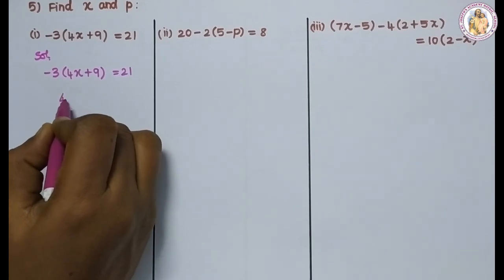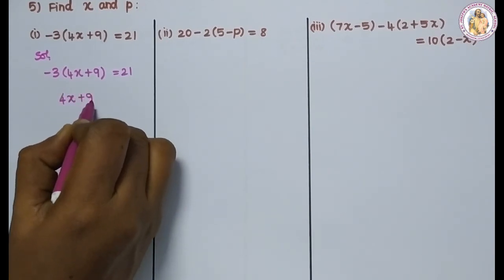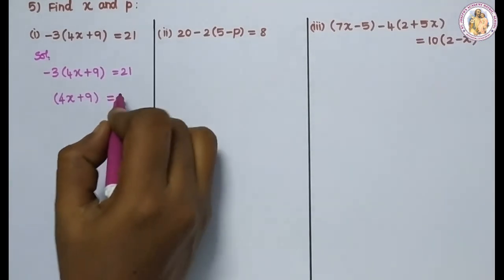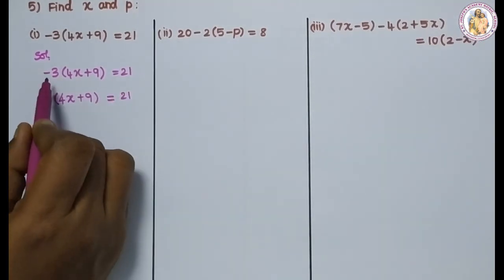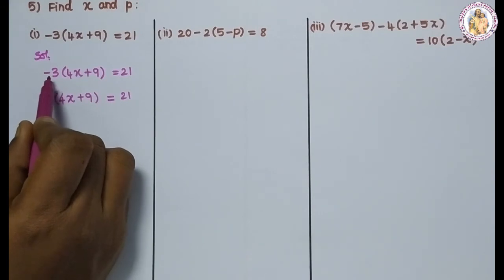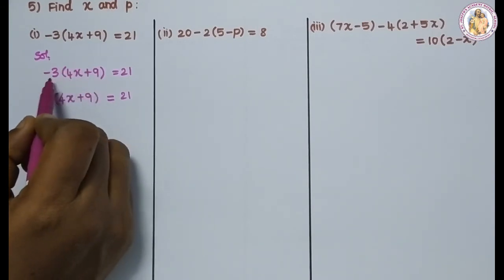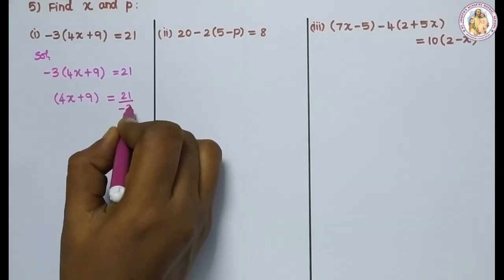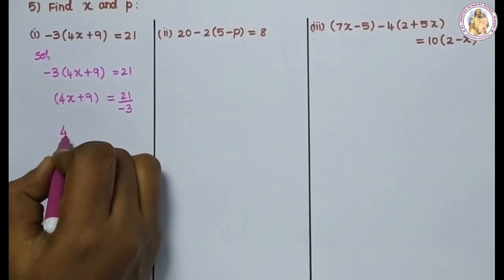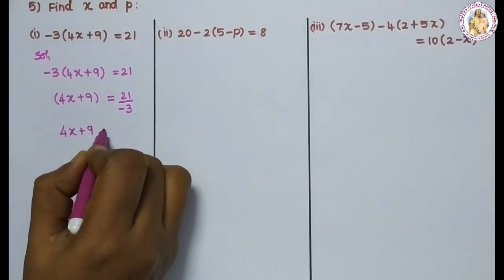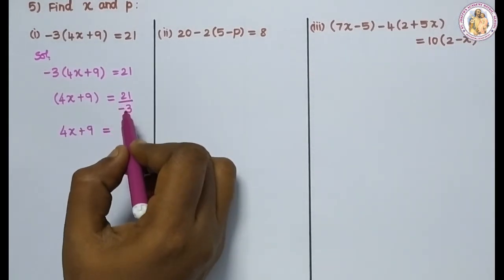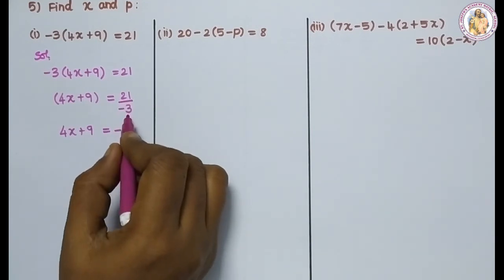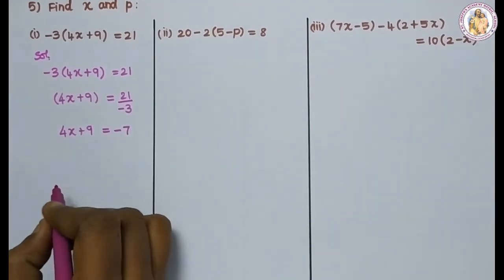First 4x plus 9 in bracket keep here, 21. Minus 3 is multiplication with this bracket, so bring this side means it becomes division. So 4x plus 9 equal to 21 by plus divided by minus, 21 by 3 gets 7.